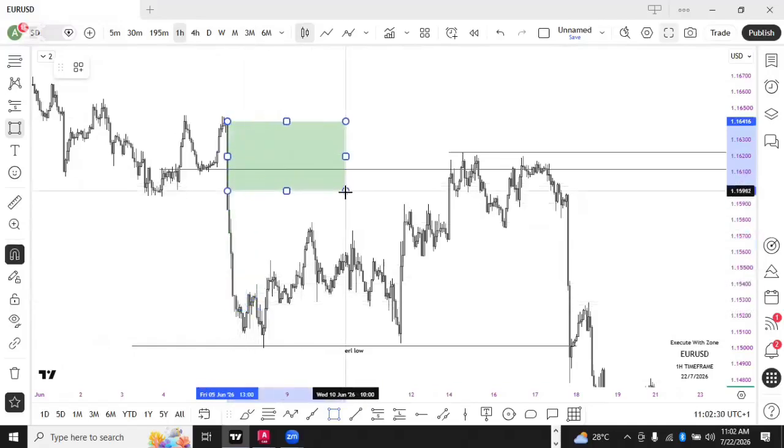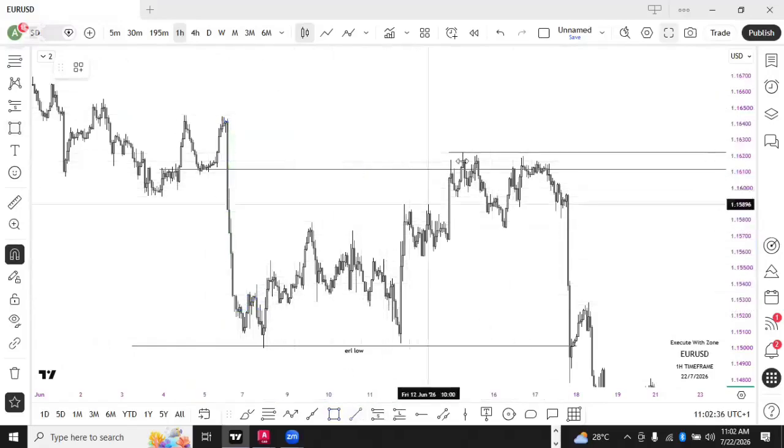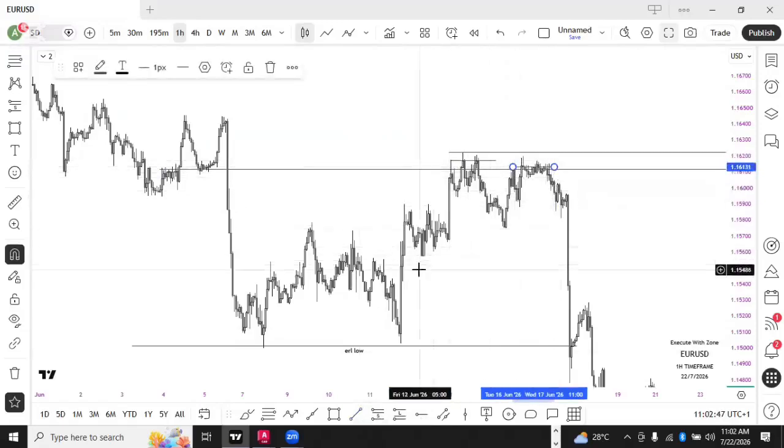It actually rebalanced it. And if you want to check also, you can say this is a sweep for it, and this is also another sweep here, before it broke this structure to the downside.